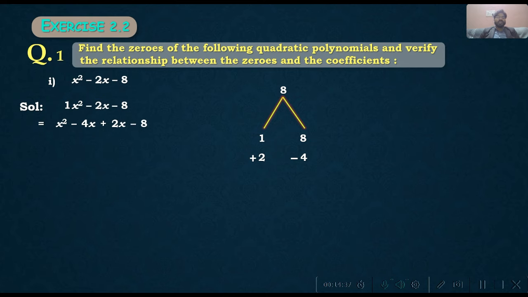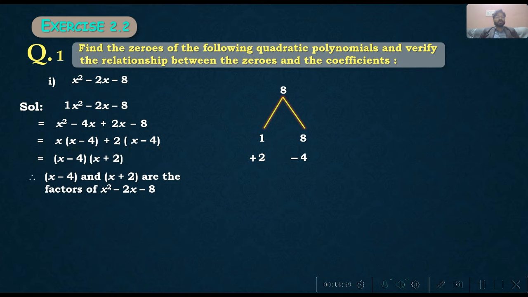Now taking common from the first two terms and the next two terms. So x common लिया, x minus 4, plus 2 common लिया, x minus 4. Now x minus 4 दोनों में कॉमन है तो x minus 4 फिर कॉमन लिया. क्या बचा हमारे पास? x plus 2. x minus 4 and x plus 2 are the factors of x square minus 2x minus 8.